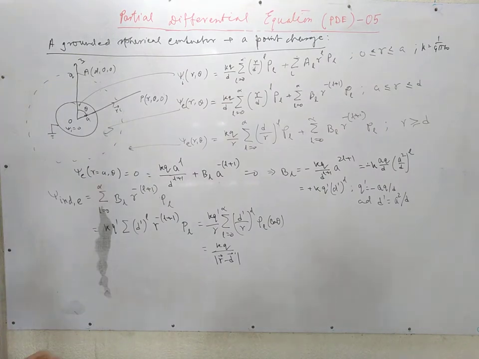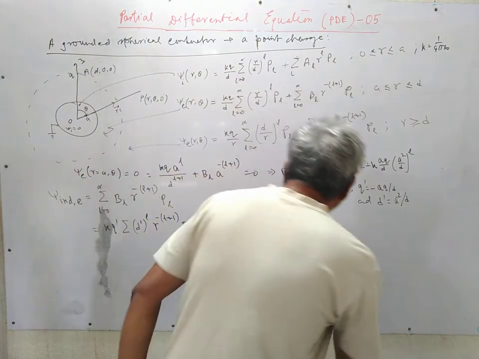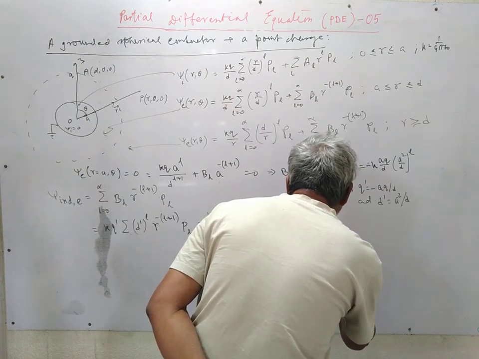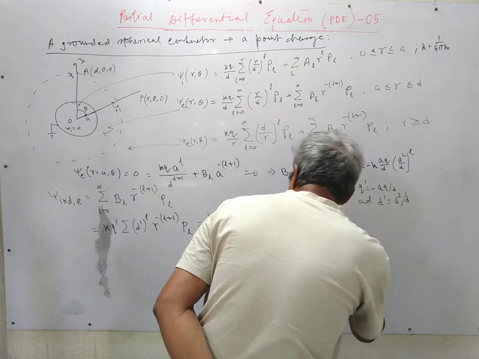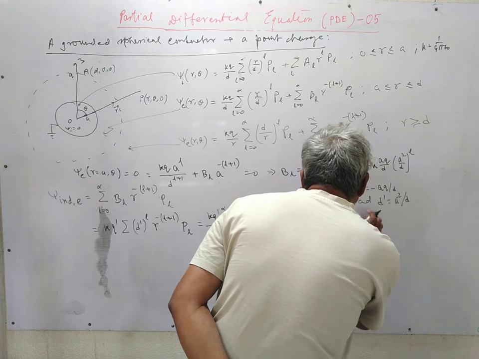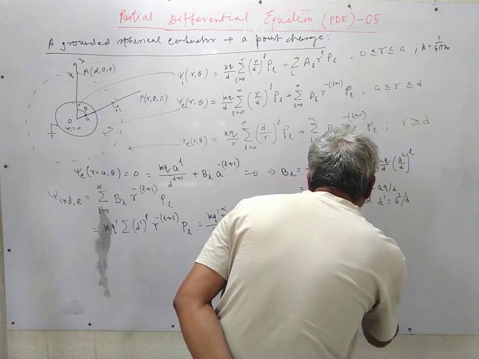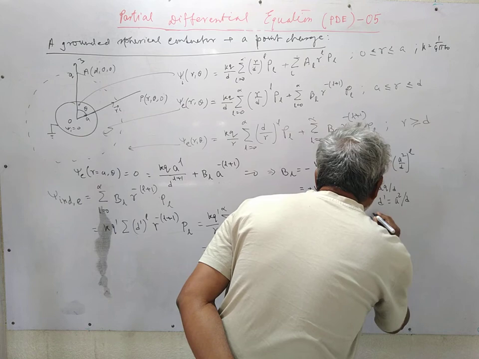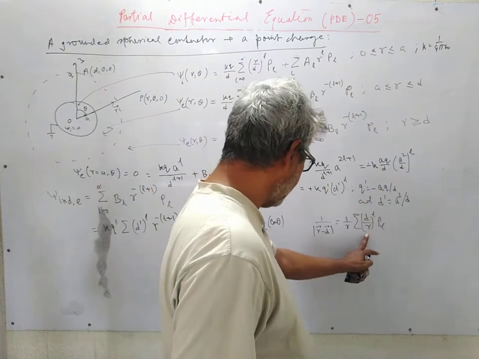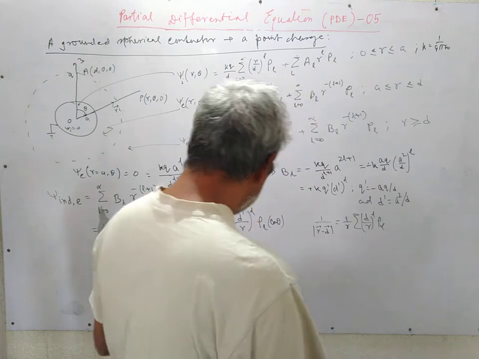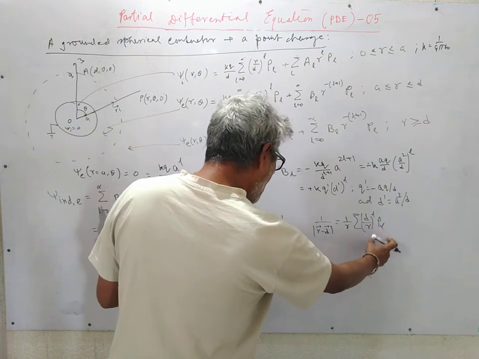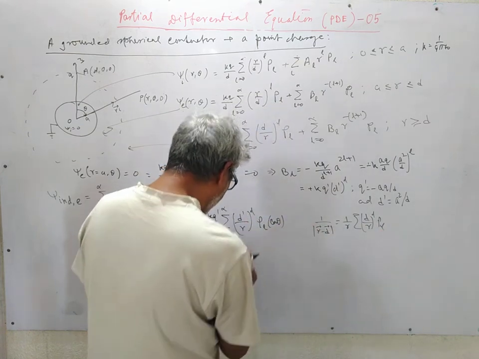In the earlier situation, we have written 1 by R minus d is equal to 1 by R summation over (d by r) to the power L PL of cos theta, where R is greater than d. Here, exactly the similar situation has appeared on the right hand side. We have written the left hand side from this.